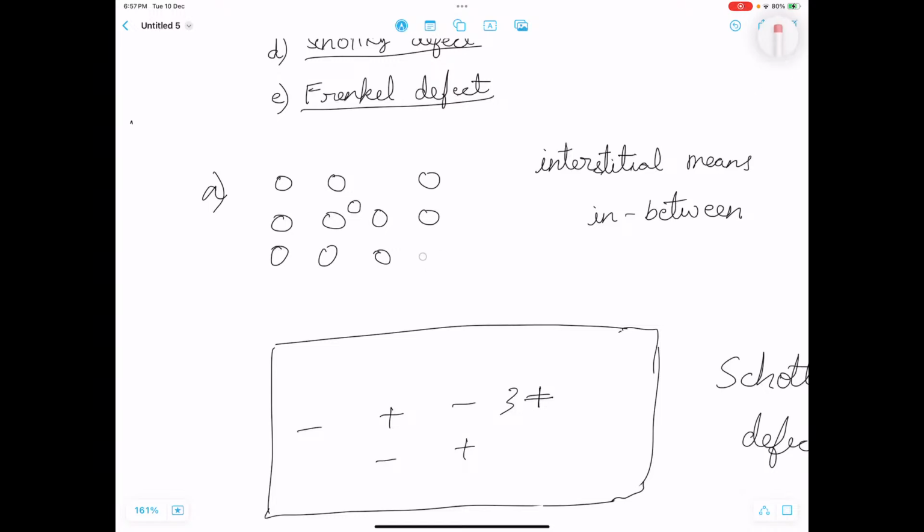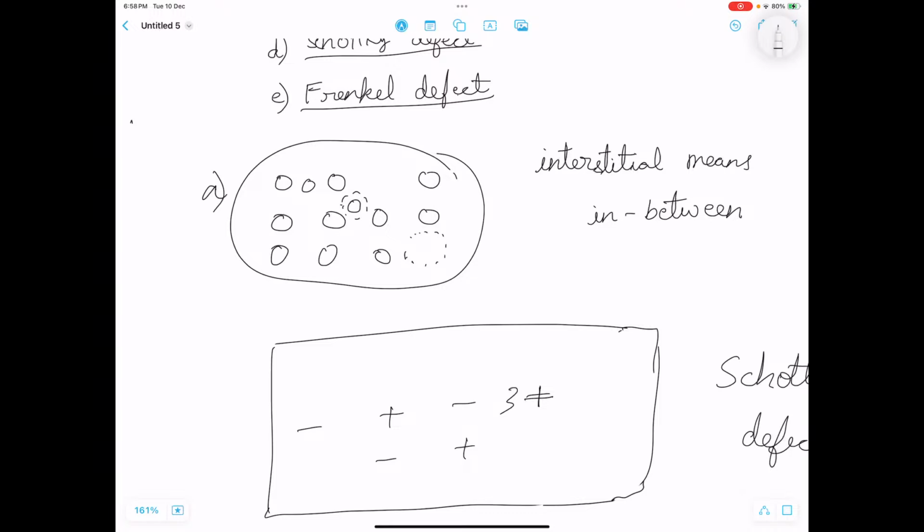And this atom decides to go and sit here. So this created a vacancy defect and also an interstitial defect, as you can see. But they are the same atoms. Atoms did not change. So this is known as Frenkel defect.